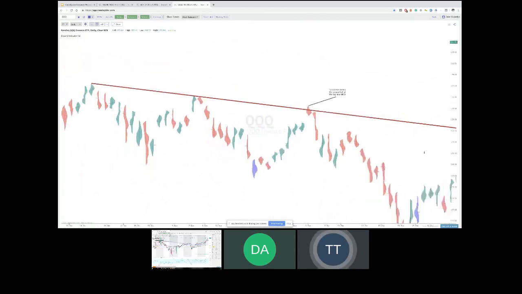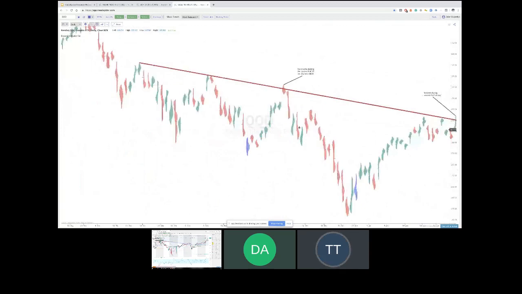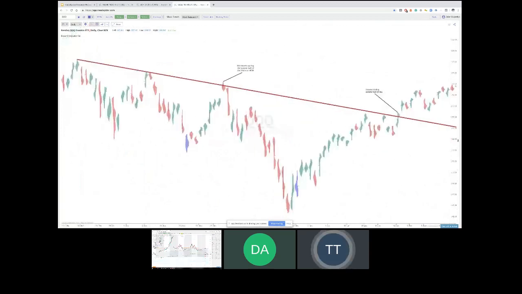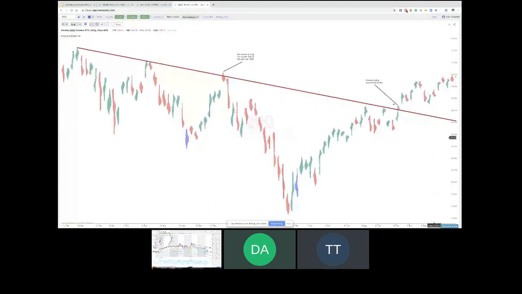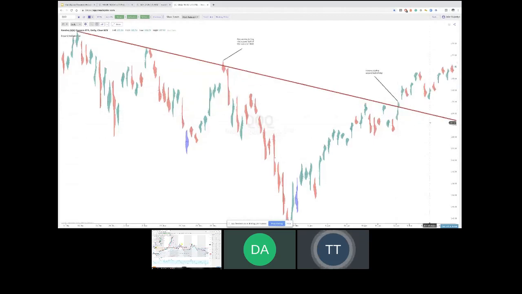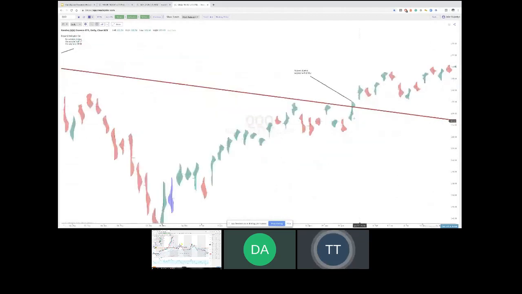So compare that to when we finally did break out of this trend line. You'll see here that this literally is the exact opposite. During the first half of the day, most of the volume was focused at the bottom. And then as we went into the second half of the day, you can see the volume profile starting to flow near the top of this range and actually creating new highs.